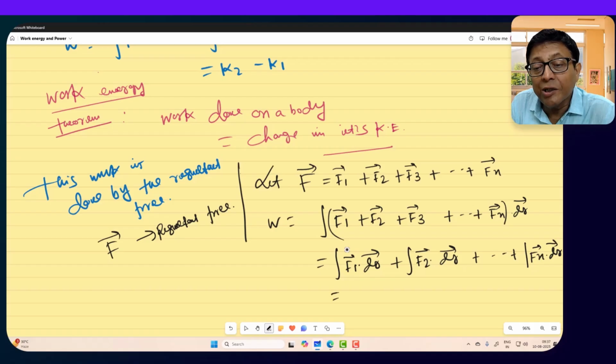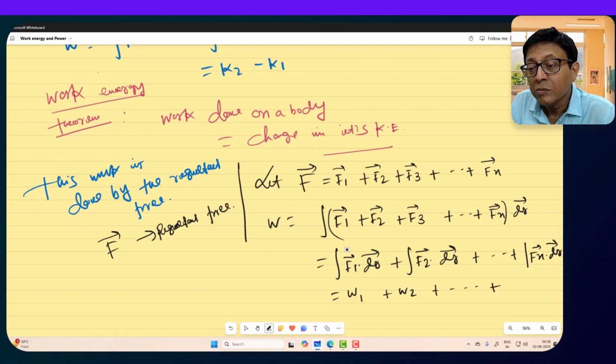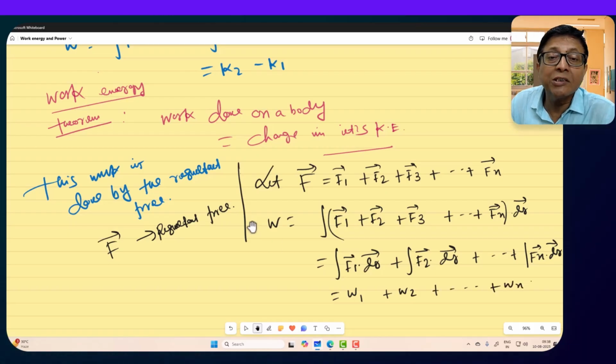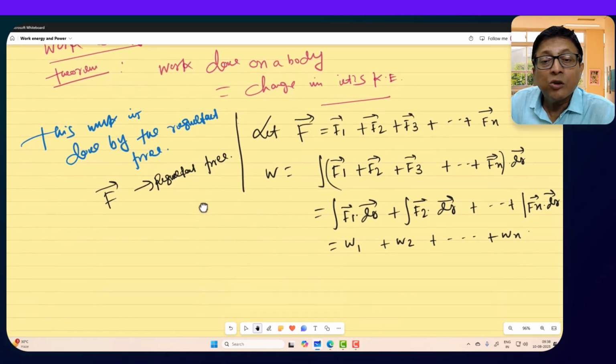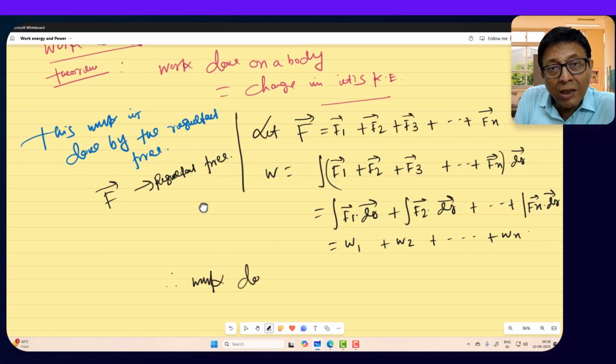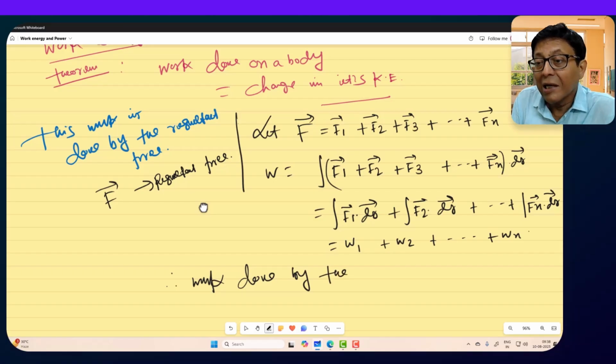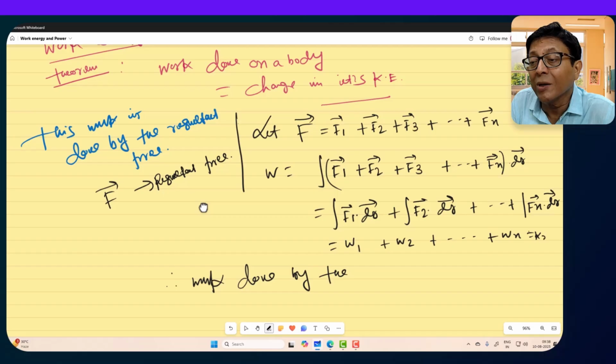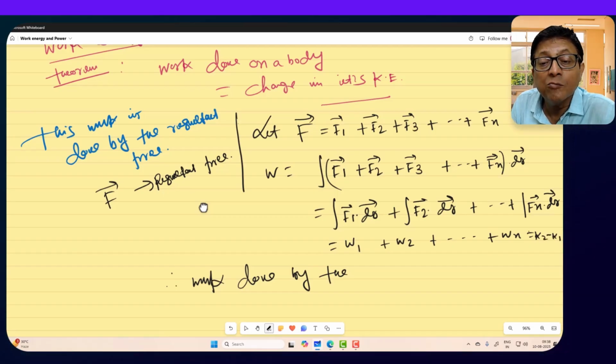So this is actually work done by force F1, this is work done by force F2, and so on, work done by force Fn. So can I state that work done by the resultant force, and this work done stands for what? That we have seen. This is equal to K2 minus K1, final energy minus initial energy.